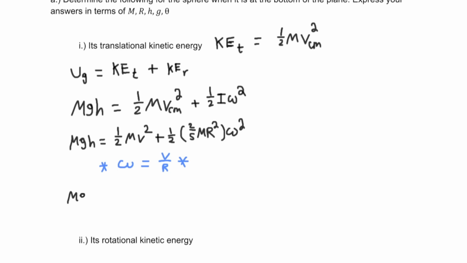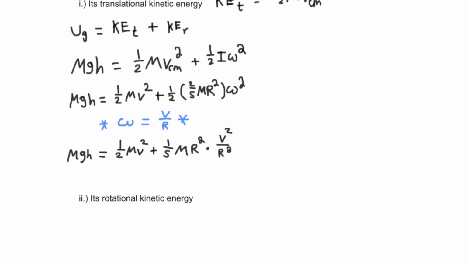So we get mgh equals 1/2 mv squared plus 1/5 mr squared times v over r quantity squared, which gives v squared over r squared. Because again, the 1/2 and the 2/5, the 2's divided out.